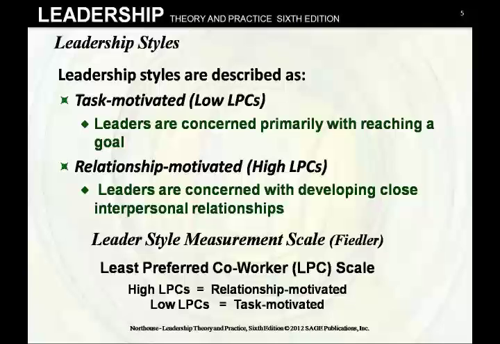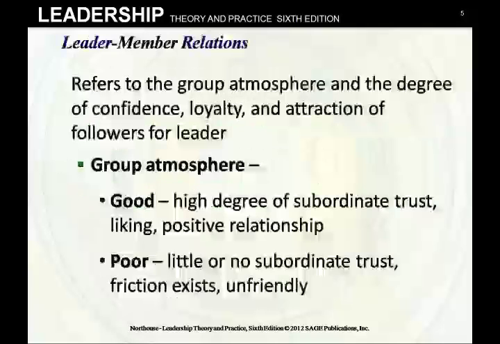Now we're going to go into the situational variables. There are three factors that we have to consider: first is leader-member relations, then task structure, and position power. Let's address leader-member relations. It refers to the group atmosphere and the degree of confidence, loyalty, and attraction of followers for the leader.